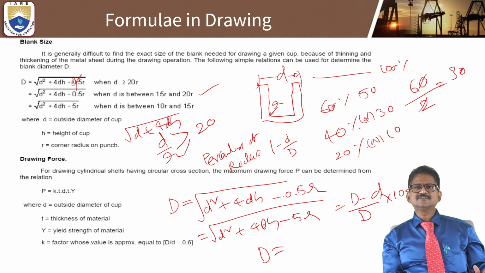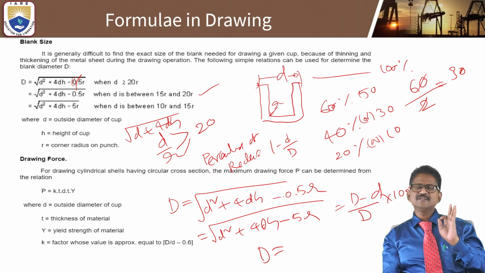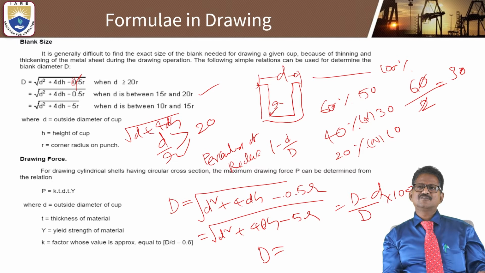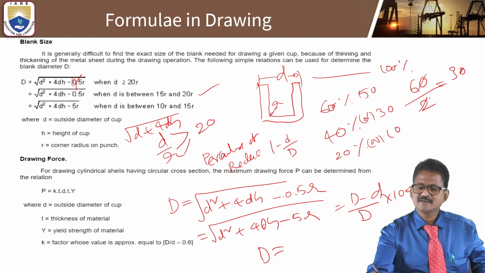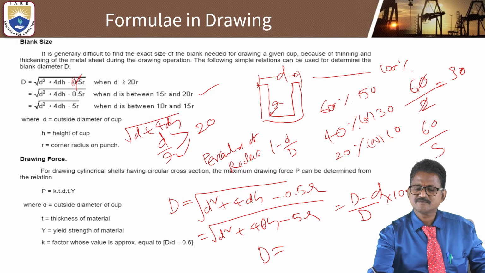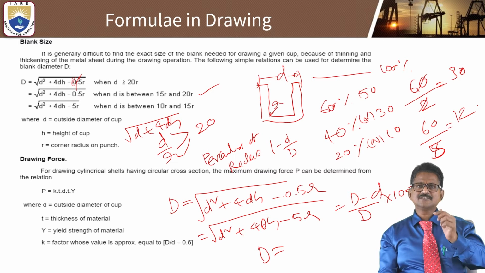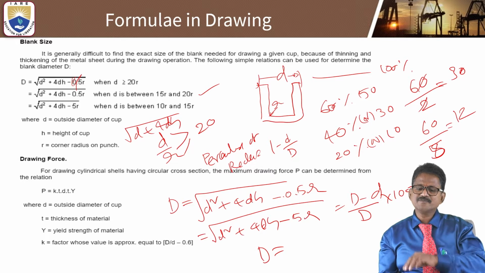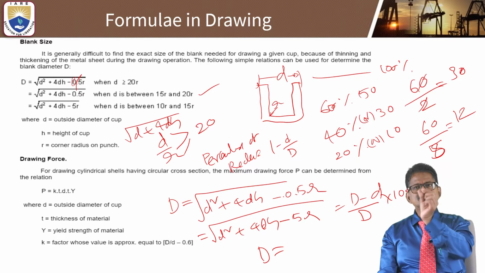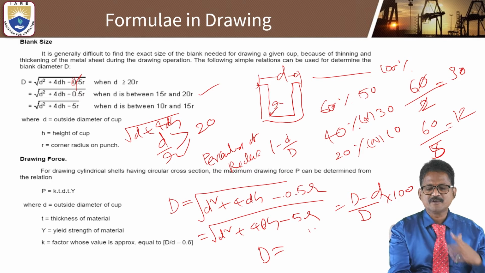This formula is used to directly check blank diameter or blank size. Suppose if the d by r ratio is in between 15 to 20, so that is almost all, suppose if you take 60 by 5, it is 12, so that is 12 means d by r ratio will be 10 to 15, that is almost all minus this formula to be used.